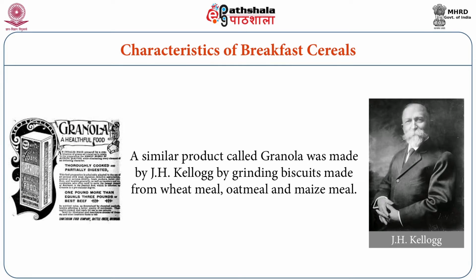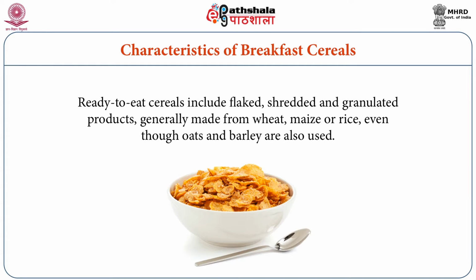A similar product, also called granola, was made by J. H. Kellogg by grinding biscuits made from wheat meal, oatmeal and maize meal. Ready to eat cereals include flaked, shredded and granulated products, generally made from wheat, maize or rice, even though oats and barley are also used.